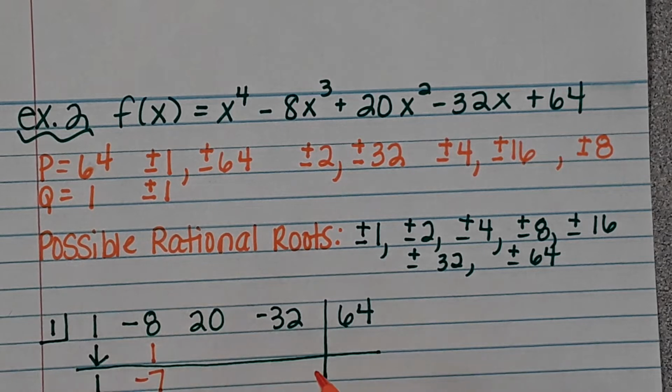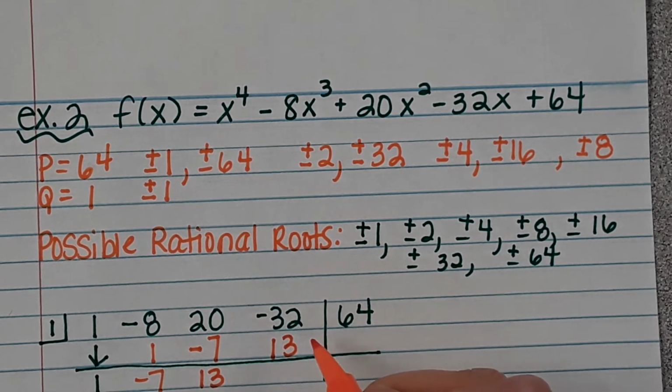We get negative 7. 1 times negative 7 is negative 7. 20 plus negative 7 is 13. 1 times 13 is 13. Negative 32 plus 13 is negative 19. 1 times negative 19 is negative 19. 64 plus negative 19 is positive 55.